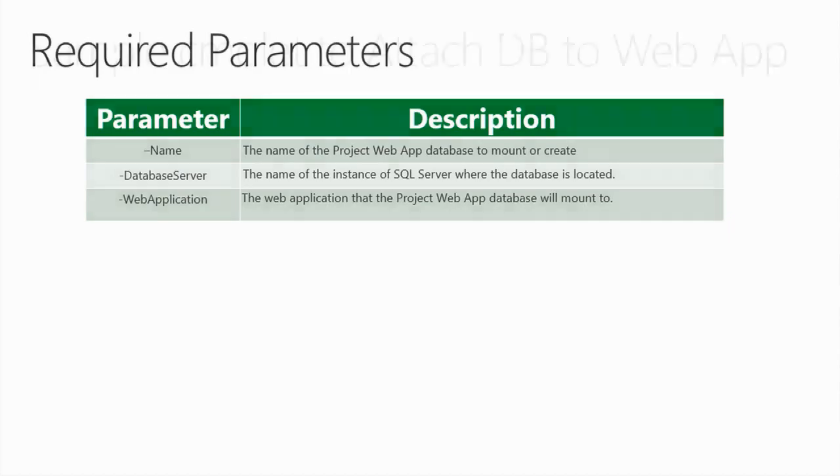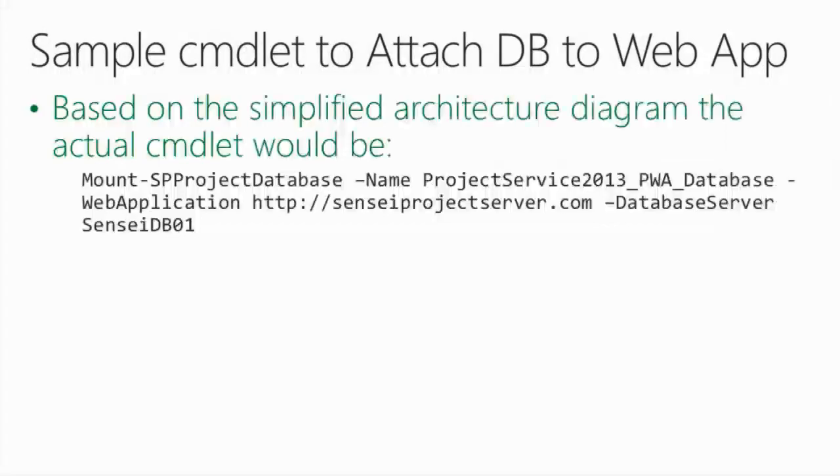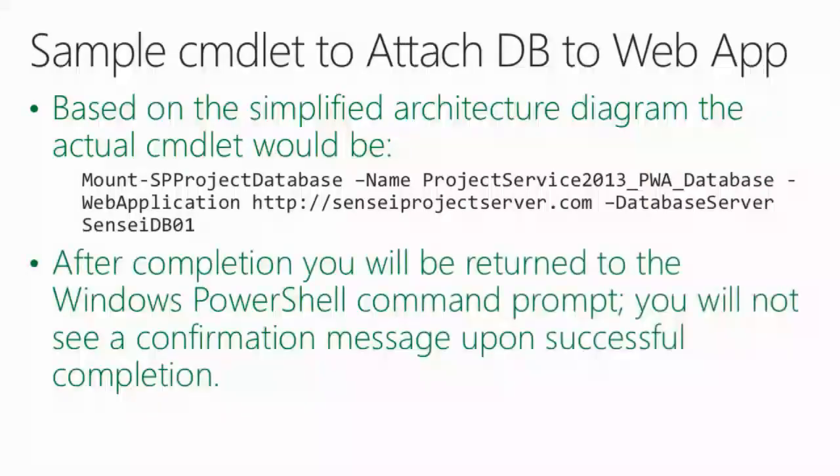And based upon our simplified architecture, this is what it looks like with those actual names in there. So when you go ahead and run that, you'll get a command prompt. It's not going to give you any kind of confirmation. It's not going to ask you, are you sure you want to run this? This one's just going to go do its thing and then come back.